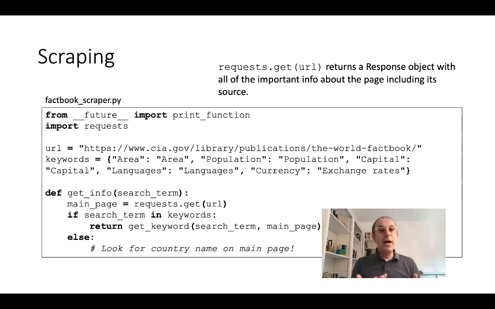So the Facebook scraper, I wrote the code in Python, and it starts with import requests, and the URL embedded inside the code, and the keywords that I'm looking for. I need to look at the page itself in order to do that.